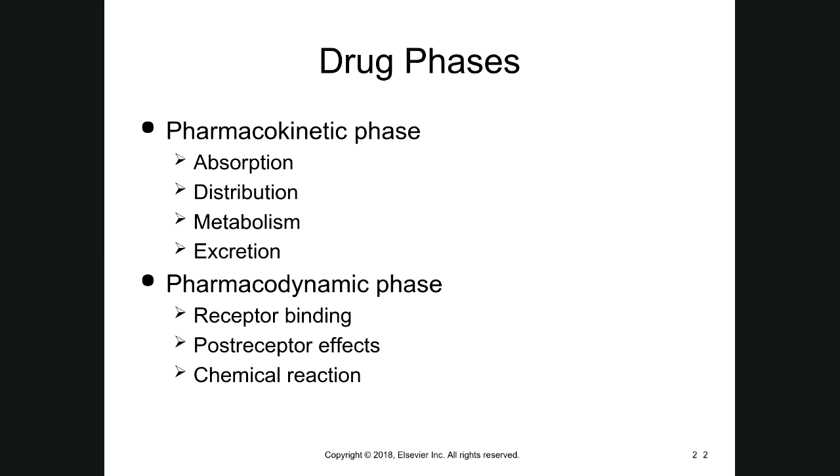With a liquid form or solution, the breakdown is absorbed more quickly, and the process of dissolution enables the drug to be absorbed from the gastrointestinal tract into the bloodstream.